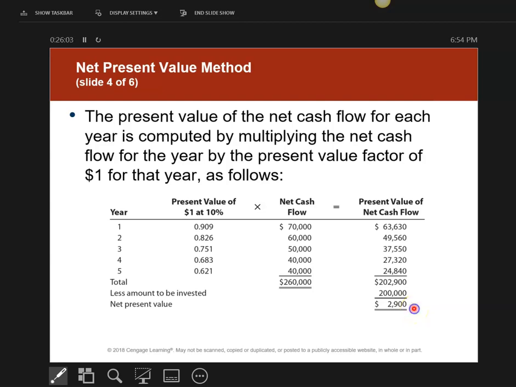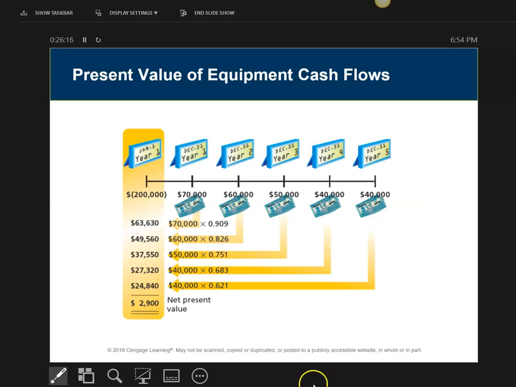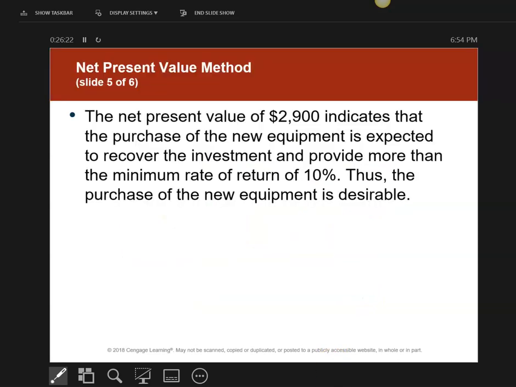When it's positive, you should accept the proposal. That's the key question. Okay? So this is going to be the NPV, and you're using the chart called the present value of $1. This is just kind of a little shortcut look at it. Okay? And so basically, like I said, it's going to give me a positive 2,900, so I should do it. I'm meeting my 10%.